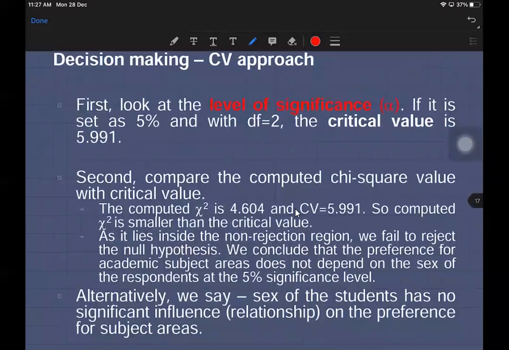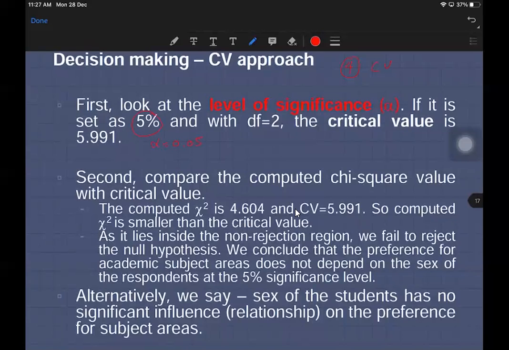So step number 4, after we have done steps 1, 2, and 3, is to look for our critical value. How to look? The alpha significance level is 5%, so alpha here is 0.05.